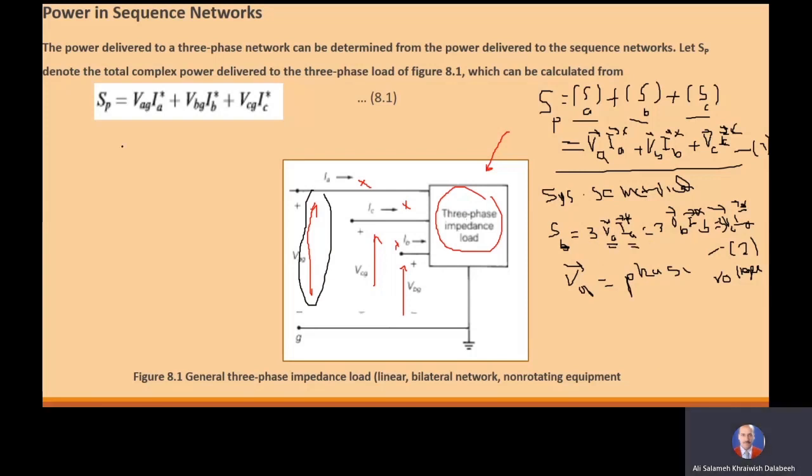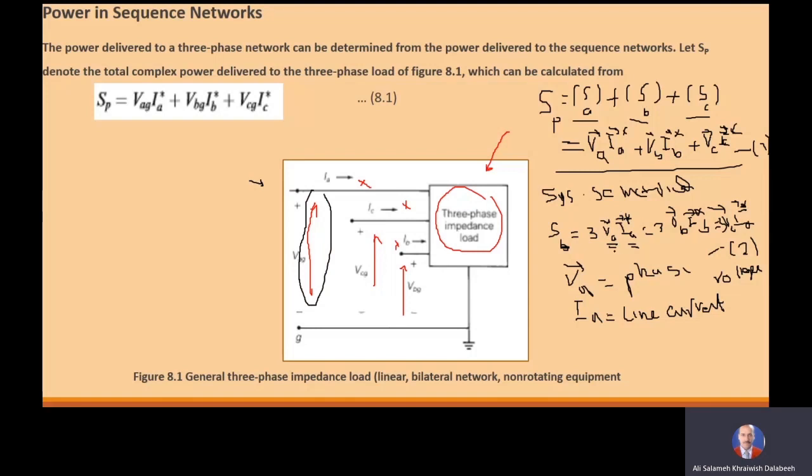And IA, in the first equation, is the line current. IA is the line current, the current that passes through the transmission line.